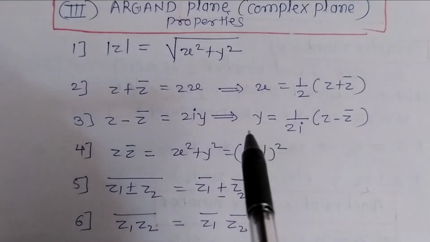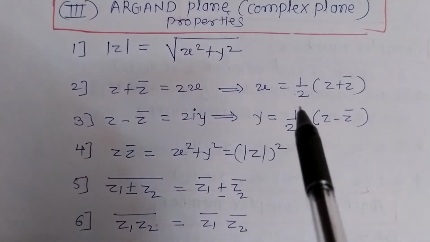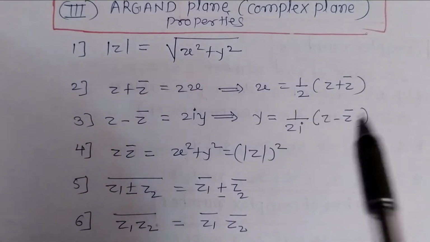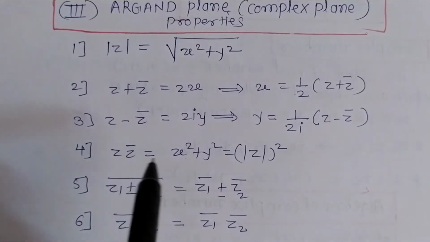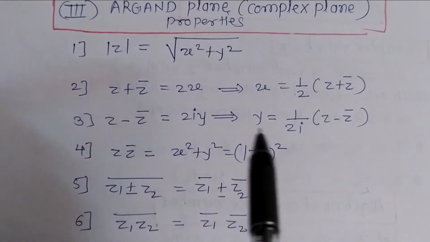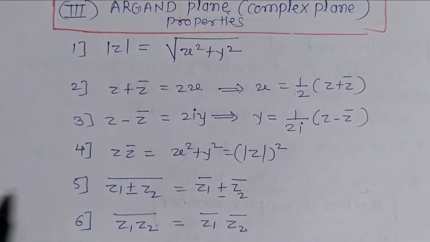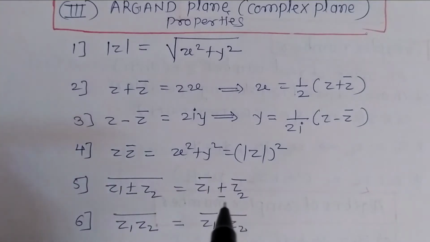When we have to find y from z and z bar, y is equal to 1 upon twice i into (z minus z bar). The fourth one is z into z bar is equal to x square plus y square, that is mod of z whole square. Fifth one is (z1 plus or minus z2) whole bar is equal to z1 bar plus or minus z2 bar.